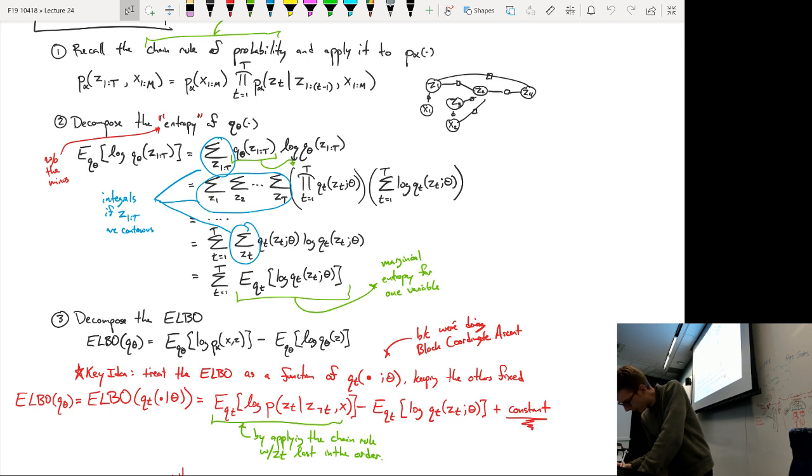So where our constant is equal to an expectation under q theta, or an expectation under everything except for t. So we could write that as q not t of p of x, 1 to t, and the product from t equals 1 up to capital T minus 1. Or rather, let me write it the other way.